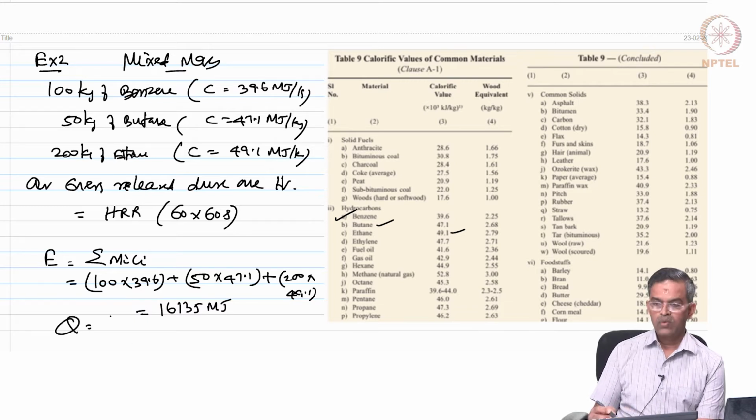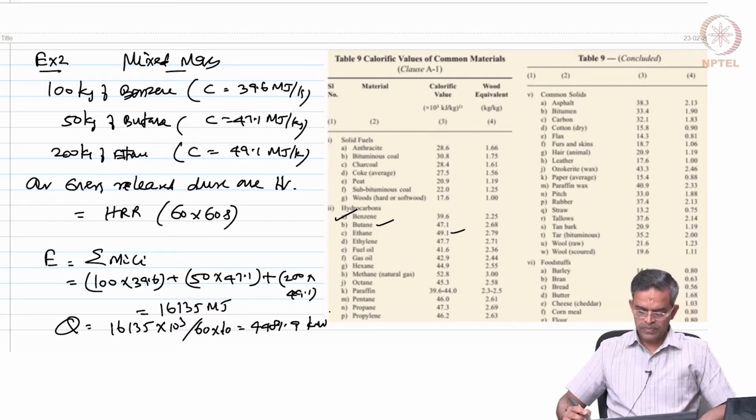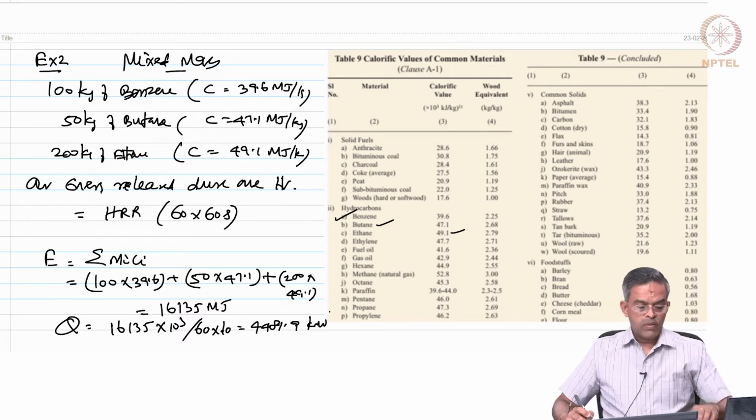So, Q will be 16135 into 10 power 3 by 60 into 60, which will be 4481.9 kilowatts.